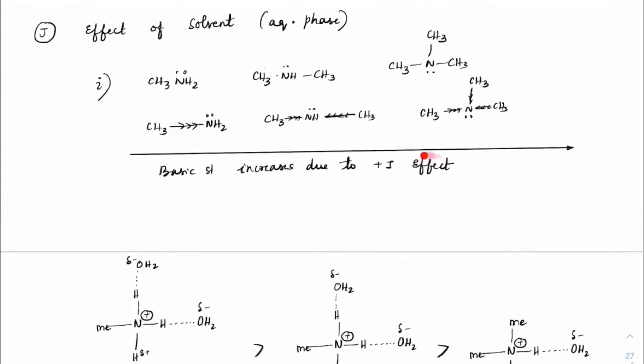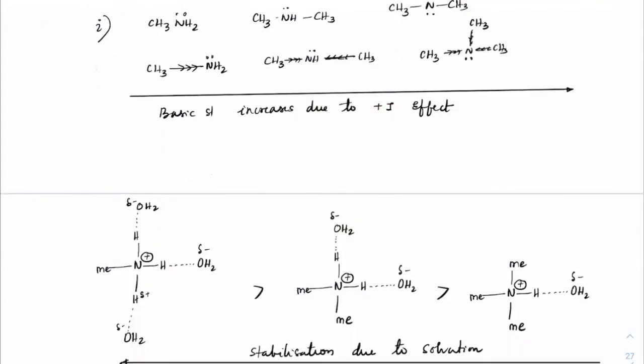According to only inductive effect, it is telling us that tertiary is more basic. But according to the solvation, we are learning that the primary is more basic. So somewhere it has to be a compromise of both the effects in aqueous solution. So we cannot just rely on one particular effect. Both the effects have to be considered.